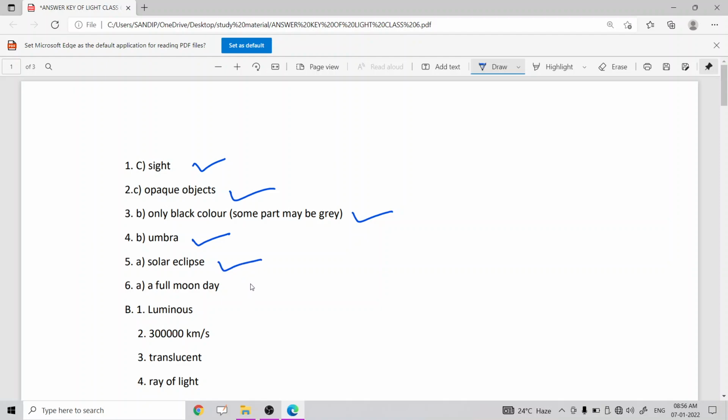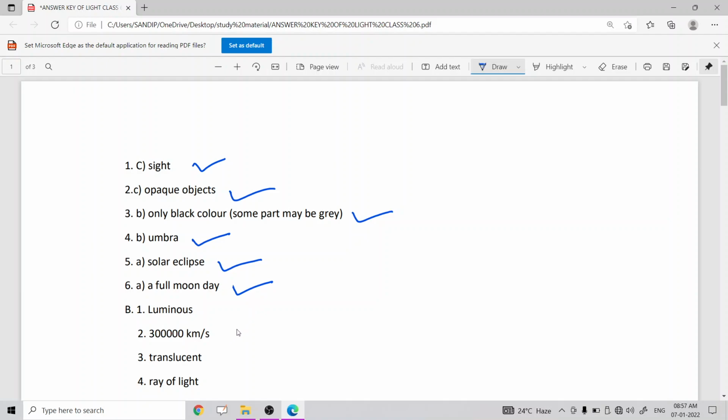And what is a lunar eclipse? A lunar eclipse is when the earth comes between the sun and moon. And question number 6: a lunar eclipse occurs on a full moon day, and a solar eclipse occurs on a new moon day.